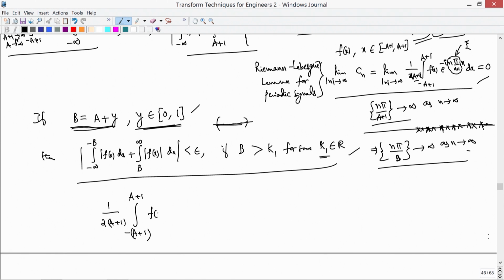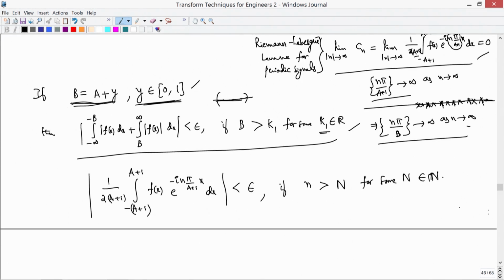If I write f of x e to the power minus i n pi by a plus 1 x dx, this quantity can be made less than epsilon whenever n is bigger than some big number N, for some N belonging to the natural numbers.